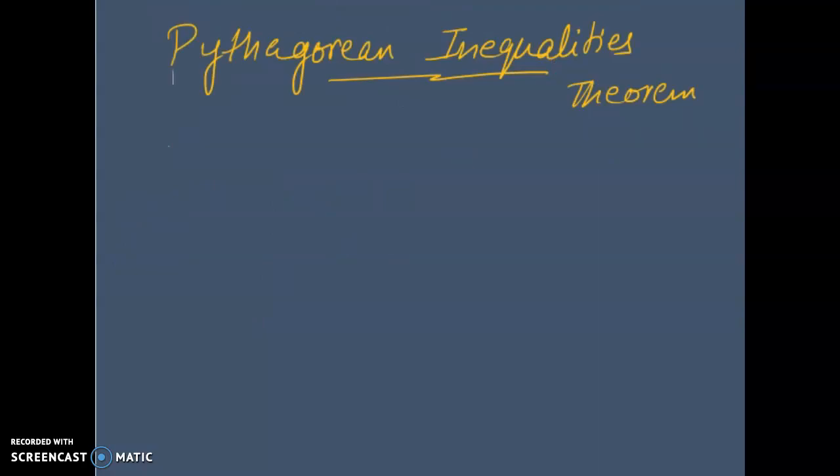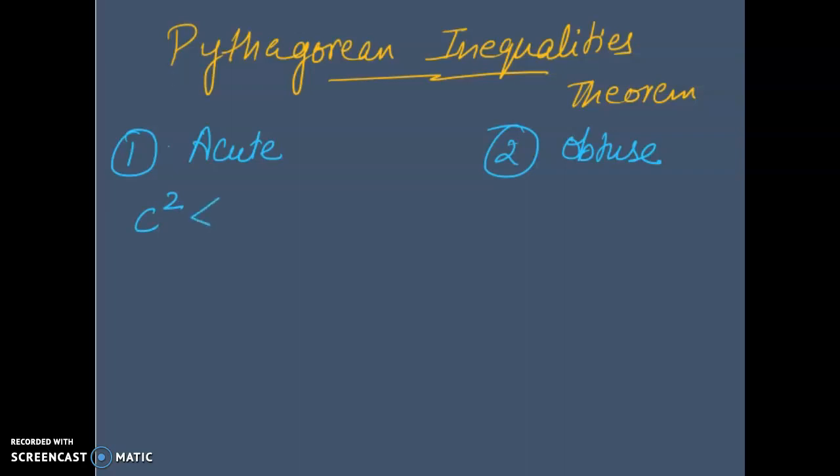How to understand it? There are two things to understand whether the triangle will be an acute triangle or an obtuse one. In what condition will it be acute? When the value of C squared is less than A squared plus B squared. Remember, the Pythagorean theorem says that if C squared is equal to A squared plus B squared, then it is a right triangle.